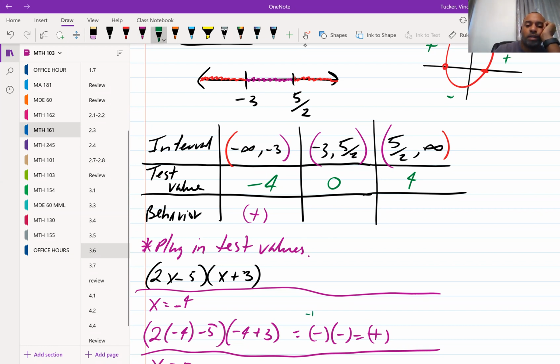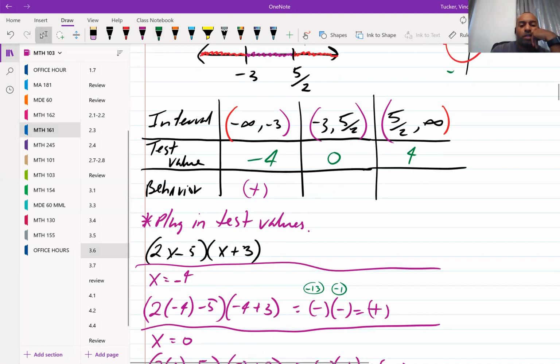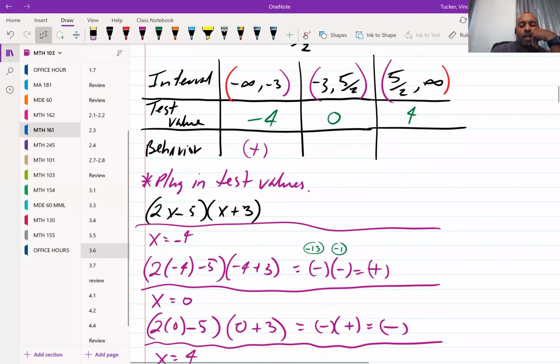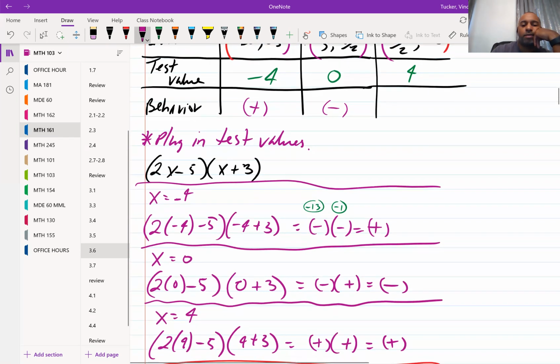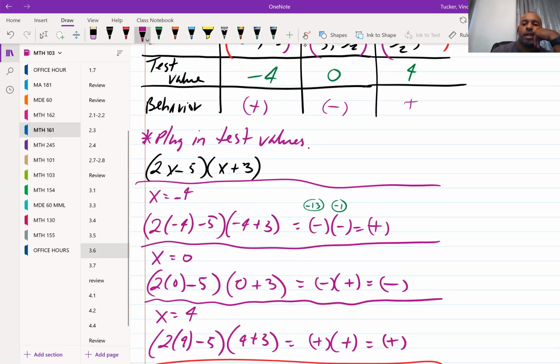And I put that right there if you want to see it. That's -13, -3. Do the same thing for 0. I'll get a negative value times a positive value, which is negative. Plug it in +4. I get a positive result.